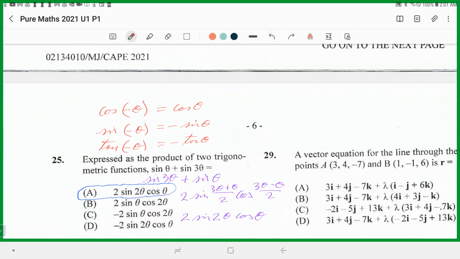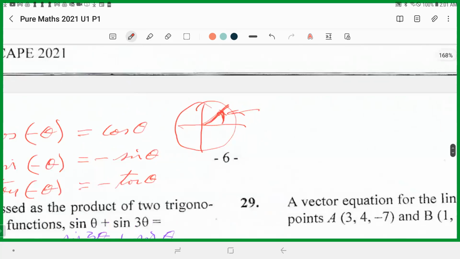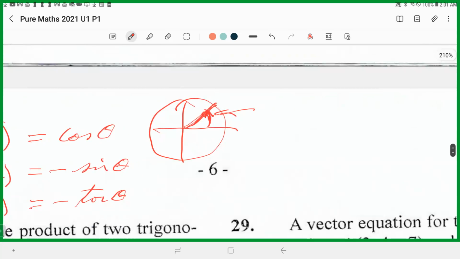Cos of a negative angle is still equal to the cos of the angle. Why is that? Because in the quadrant diagram, if you rotate up here, it's a positive angle. If you come down here, you rotate a negative angle. What does that mean? It takes you into the quadrant where cos is positive.